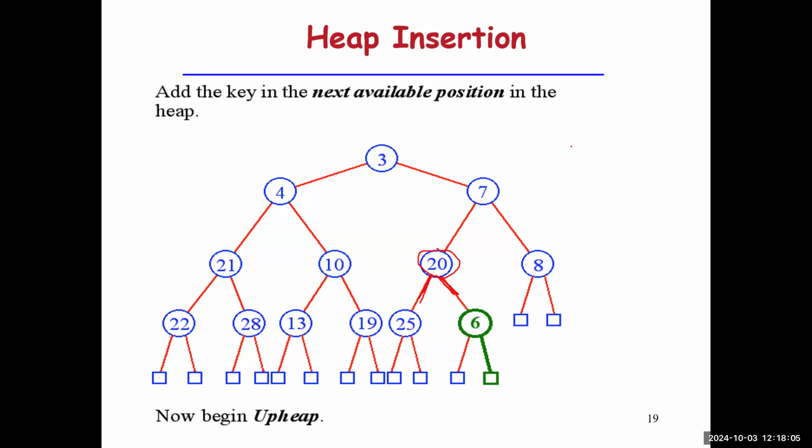So 20 can only move like this or like this, and 6 can move either like this or like this. 8 is not connected with 6. Why would I go to 8? I shouldn't. Because if I have to go there, then I need to traverse, and it's going to cost me more time. But if I'm just swapping, do you remember from the last lecture, the swap operation is O(1). That's why I want to only swap, not traverse, because I want to keep each operation O(1).